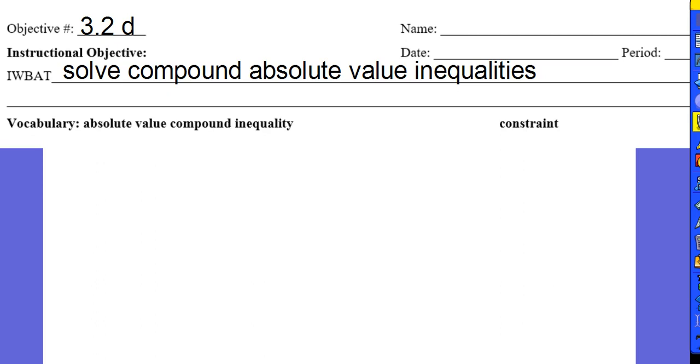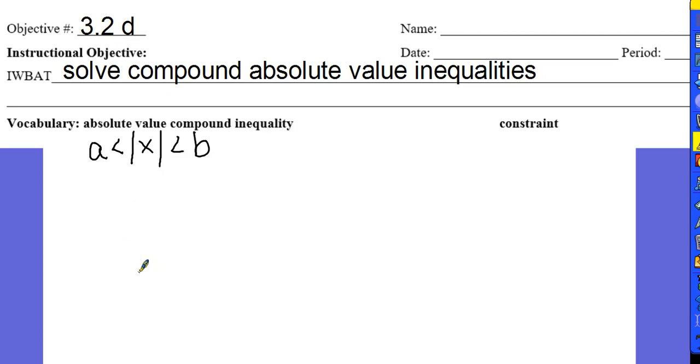So let's start off with the vocabulary of what is an absolute value compound inequality, or a compound absolute value inequality. Doesn't matter how you say it, they mean the same thing. So let's define this as some number A is less than the absolute value of some number X is less than the absolute value of some number B. That makes it a compound statement, right?